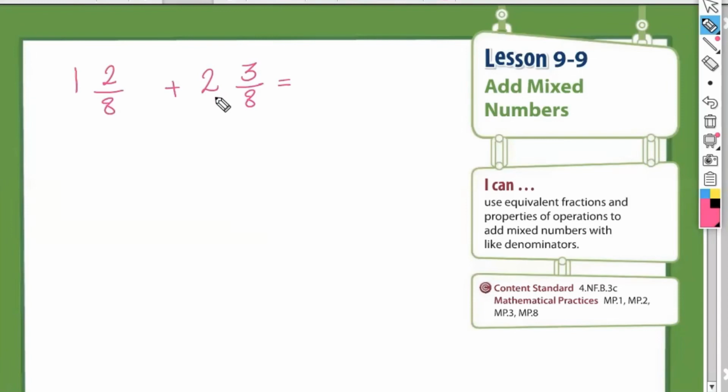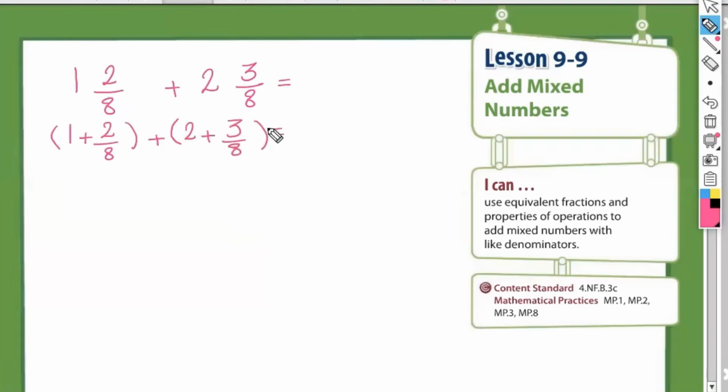It will be 1 plus 2 out of 8. We have a plus here, I will put it as it is and start to decompose this number: 2 plus 3 out of 8.